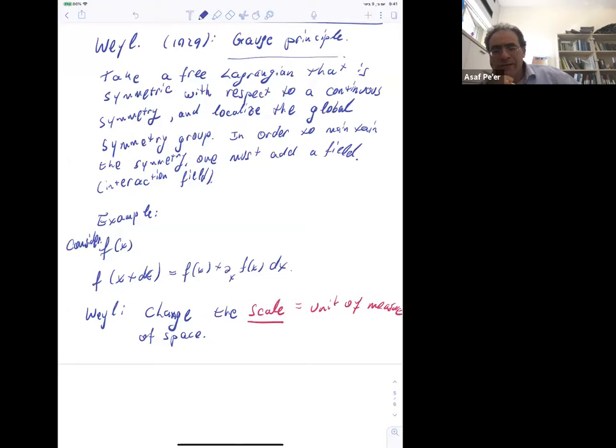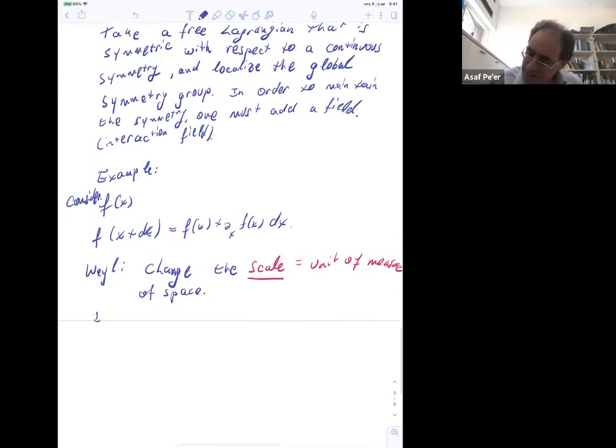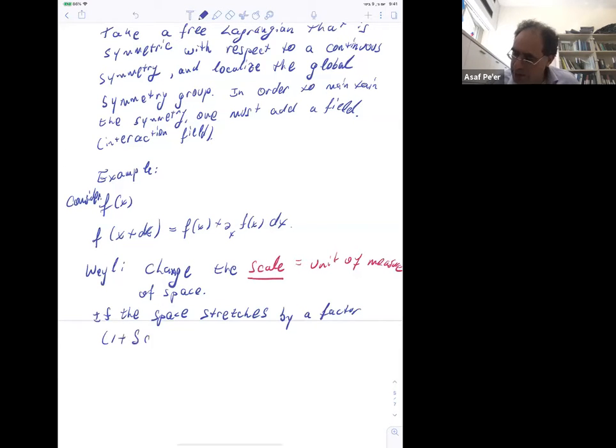So if, in addition to the change of f, the space stretches from point x to point x plus dx by a factor 1 plus s dx, where s is the stretching of this space between x and x plus dx. It's the gauge, if you're ever wondering where the word gauge came from.